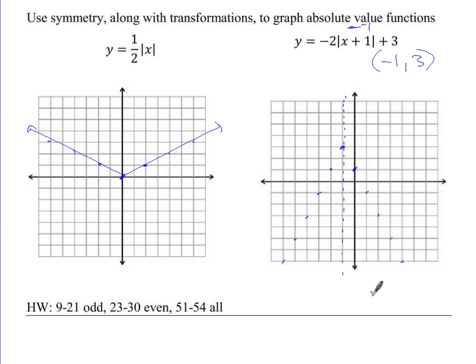It is upside down. It is stretched. It is moved to the left and up. But it's still a V. That's how you do absolute value functions using transformations. Know the transformations. Understand the transformations so you will understand all of these parent functions.